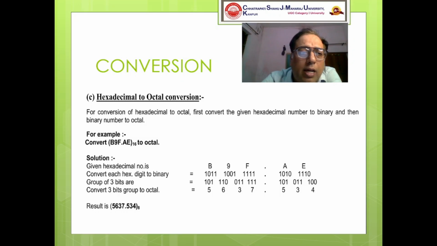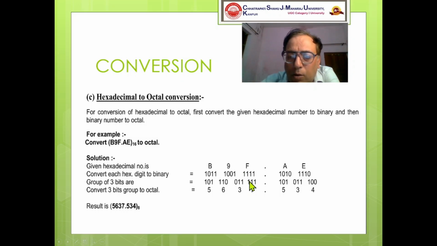For example, here B9F.AE. B as 4-bit binary can be written as 1011, 9 as 1001, F is 1111, A is 1010, E is 1110.